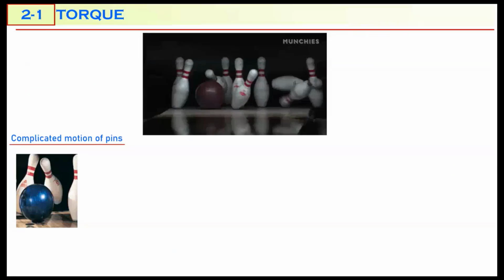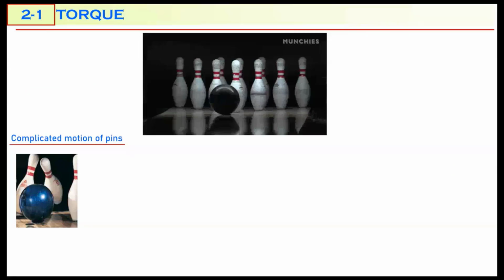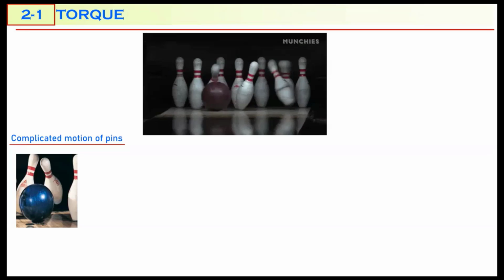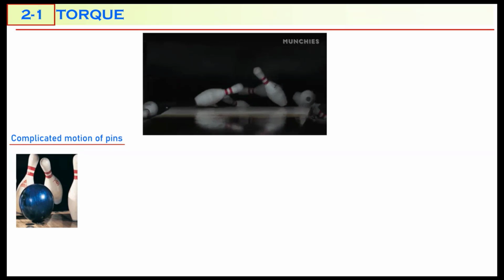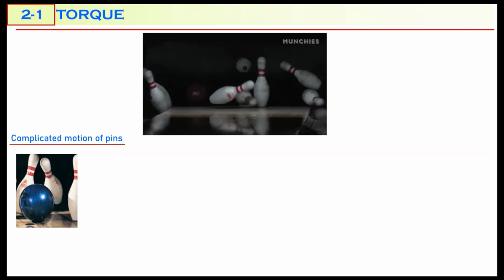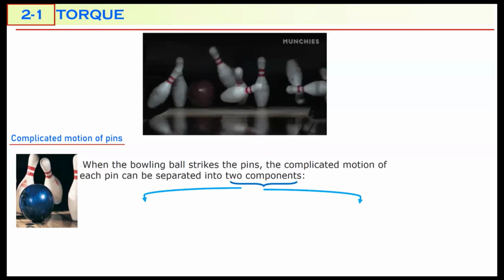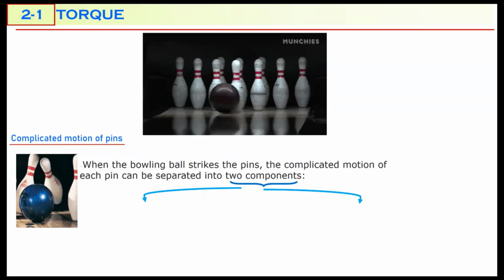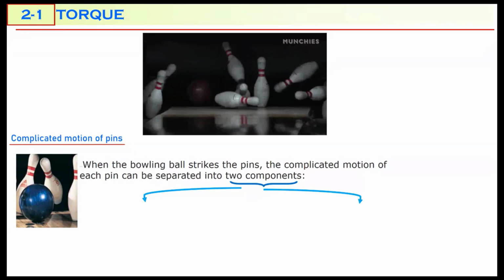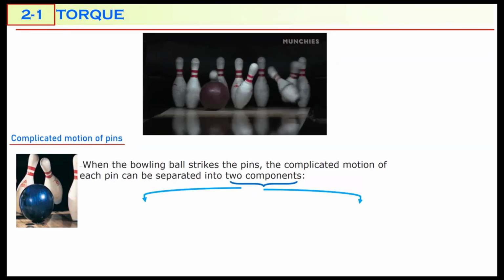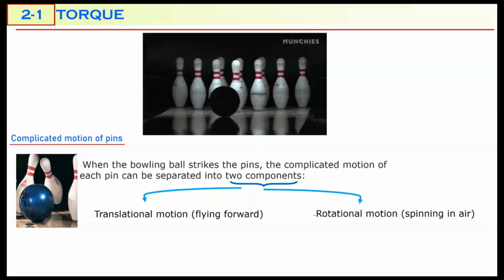And now an example in your book. A bowling ball hits the pins, and of course the pins' motion is a little complicated, because when the bowling ball strikes the pins, the complicated motion of each pin can be separated into two components. One component of the motion is translational motion.